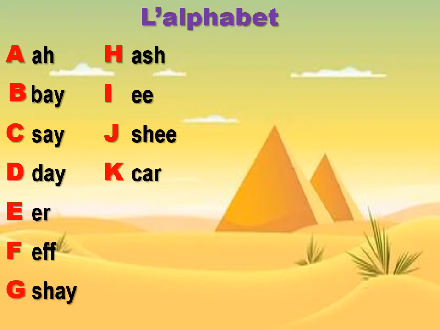K, a series of easy letters because they're the same after that.